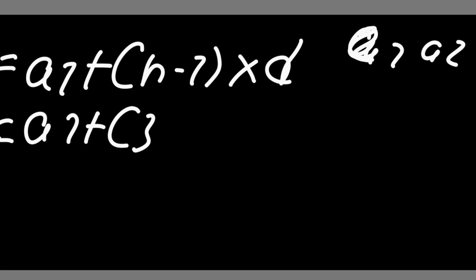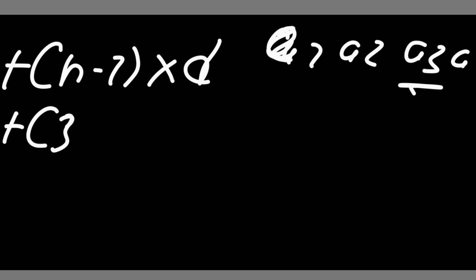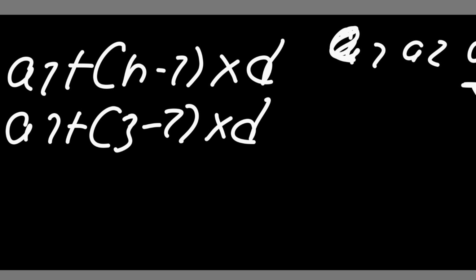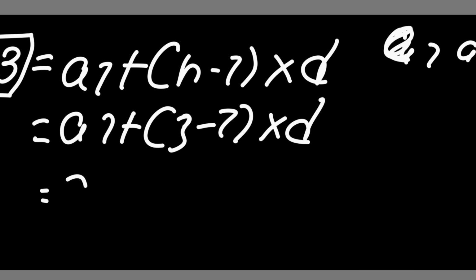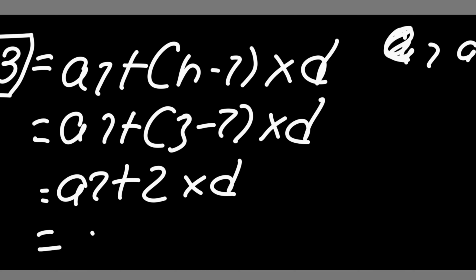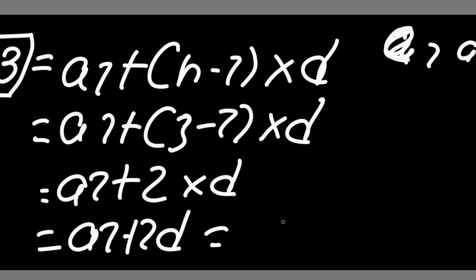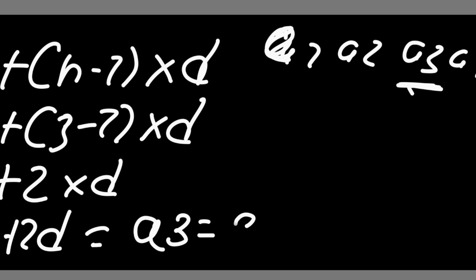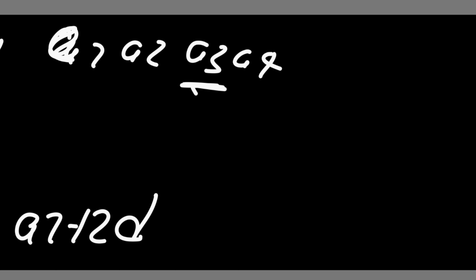We are in order 3, we don't know the number 3. So 3 minus 1 multiplied by d gives us a1 plus 2d, which is the same as the formula we got when we needed a3, which was a1 plus 2d.